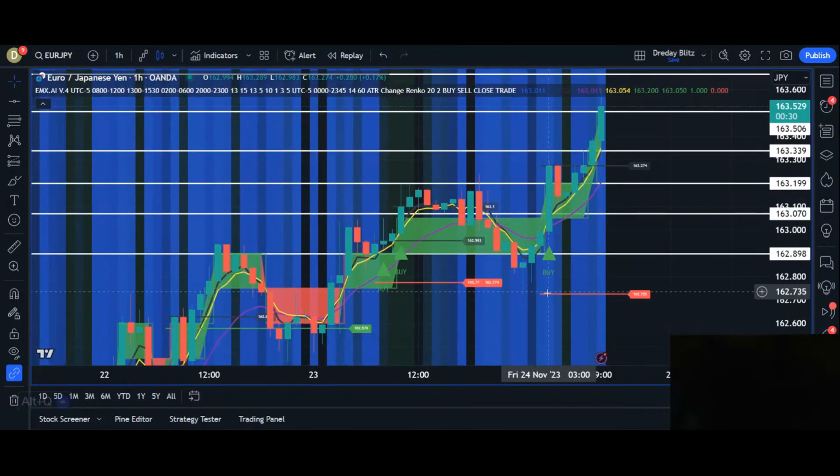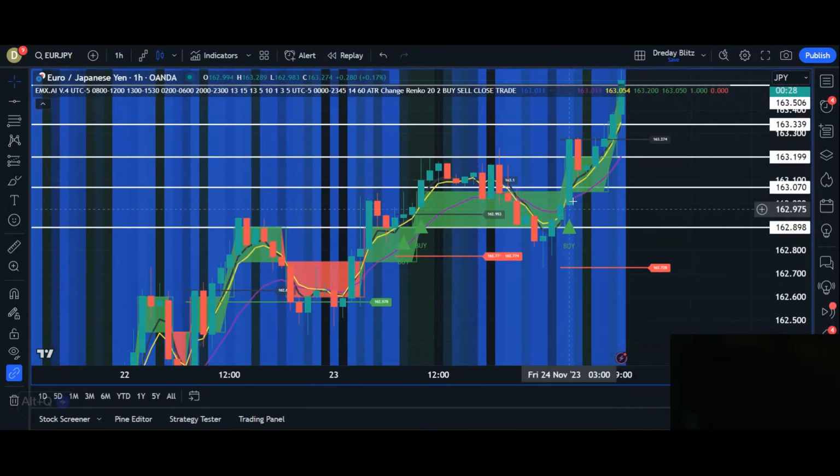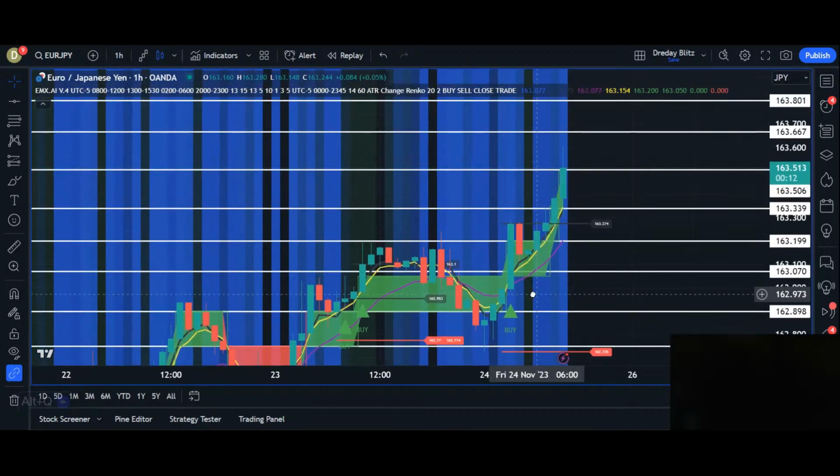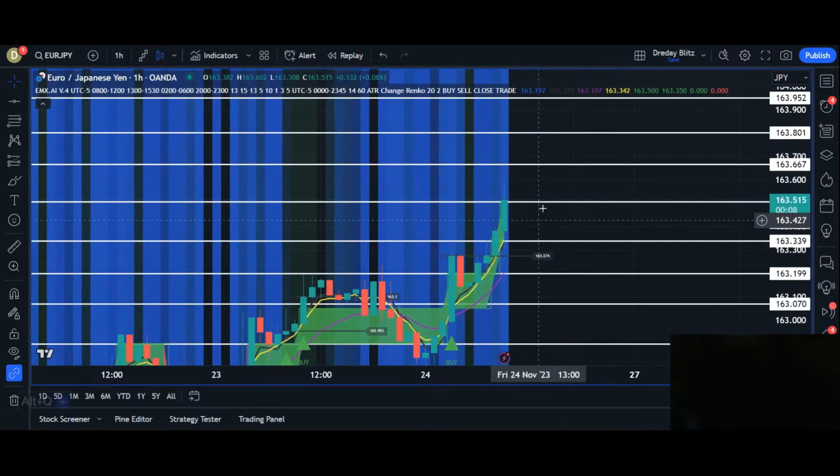So if you have taken that trade right here, your stop loss would be here or here if you want to have more breathing room. So you have the option to put your stop loss here or here based off of that entry. And then you have your TPs.